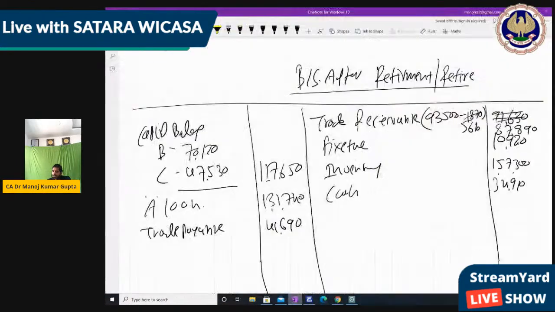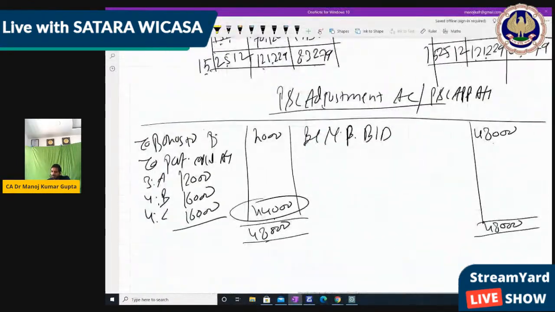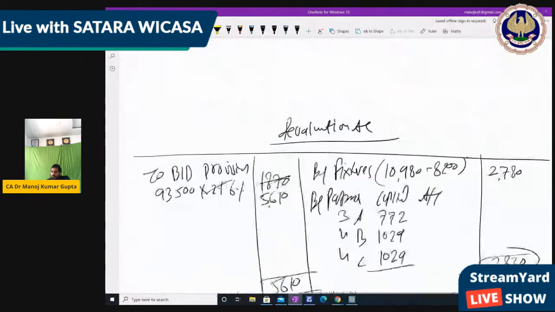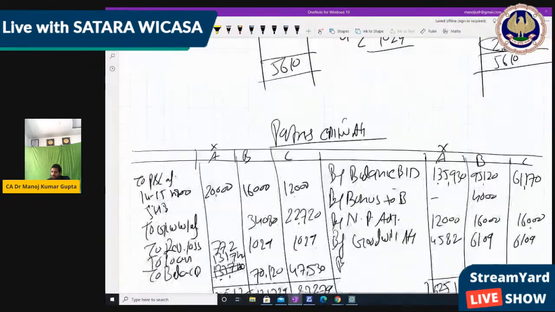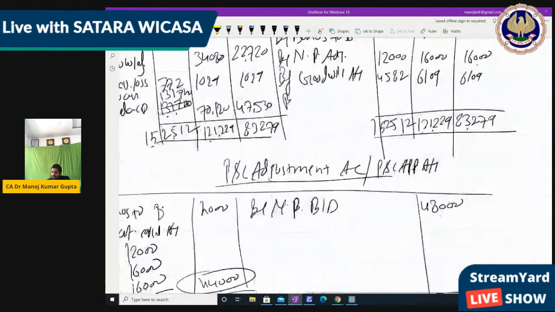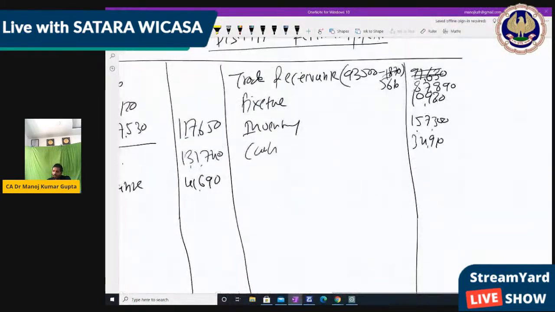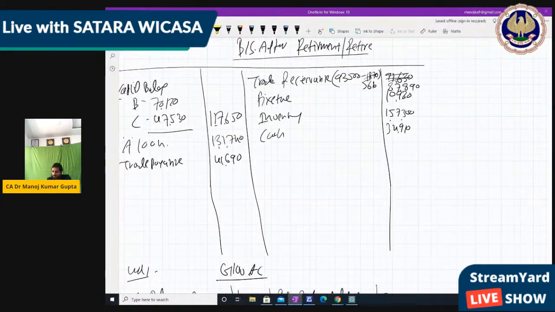So let's take the total of the balance sheet. It must tally. The P&L appropriation account we had already transferred, and the valuation profit and loss we had already transferred, right? So everything is done. Now just take the total of the balance sheet.